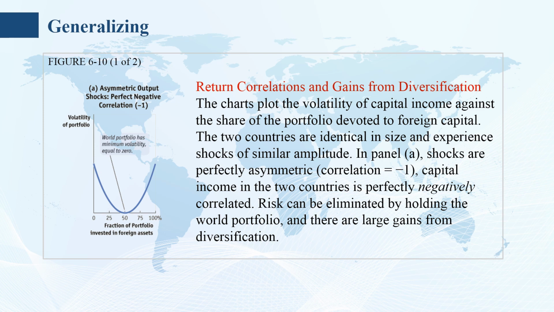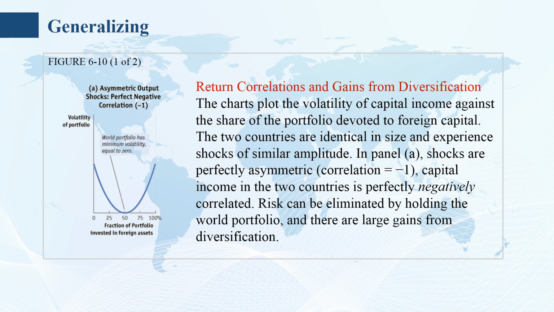In Figure 6-10, the charts plot the volatility of capital income against the share of the portfolio devoted to foreign capital. The two countries are identical in size and experience shocks of similar amplitude.